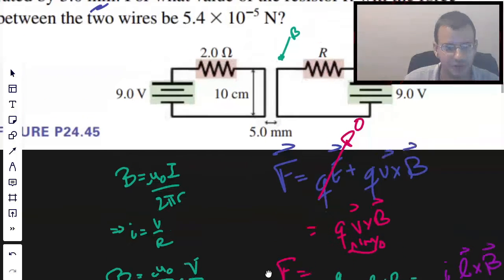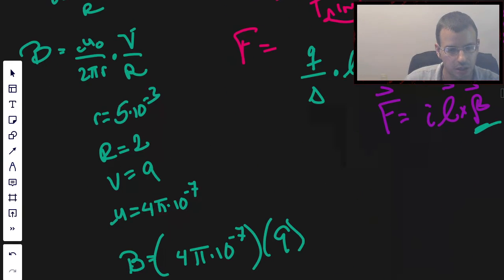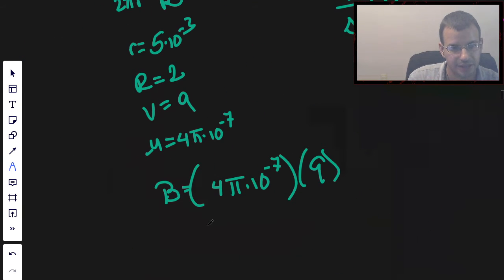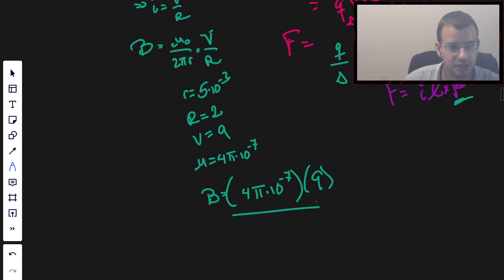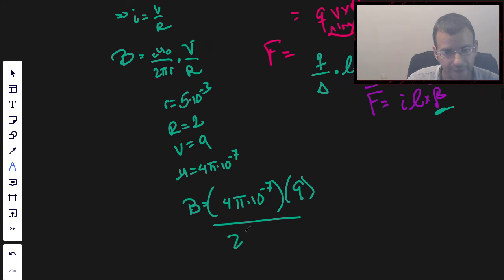I'm going to check that again, even though I just looked at it. Yep. And that's going to be divided by 2 pi r, which is 5 times 10 to the negative 3rd, that's the distance from the wire, times 2. Yep, 2 ohms.